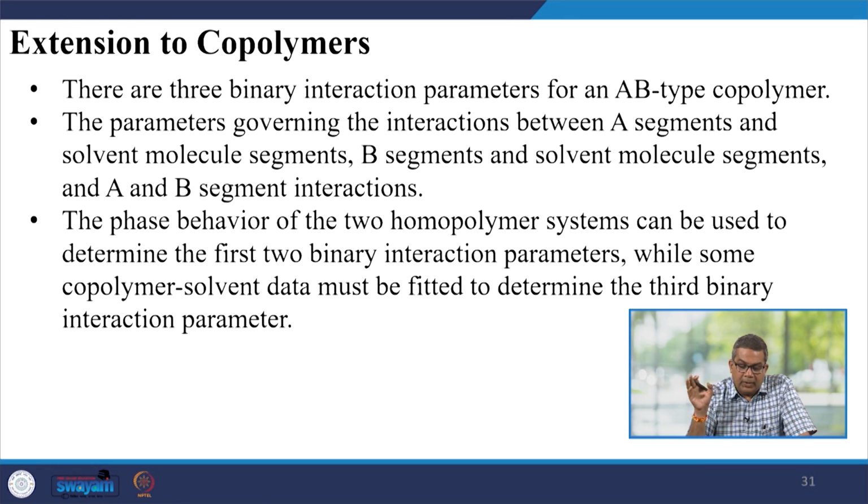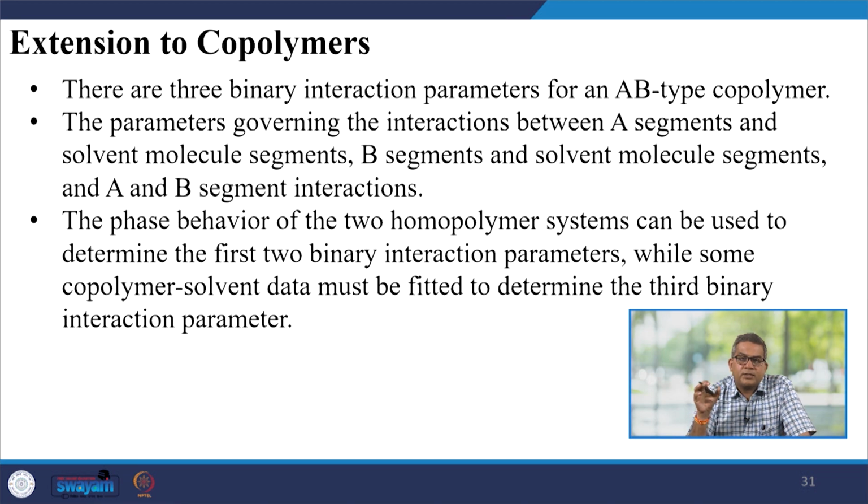Now, there are three binary interaction parameters for an AB type of copolymer. The parameter governing the interaction between A segment and solvent molecule segment, B segment and solvent molecule segment, and A and B segment interaction.